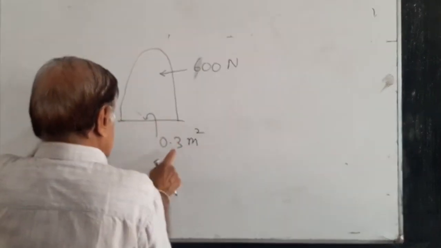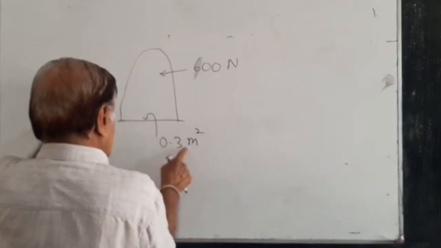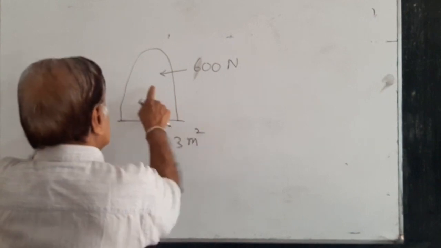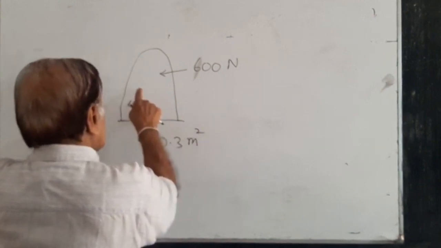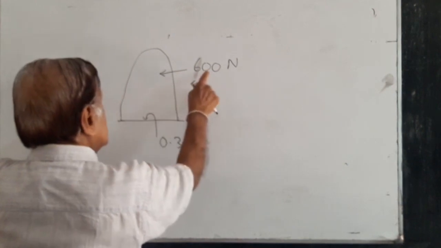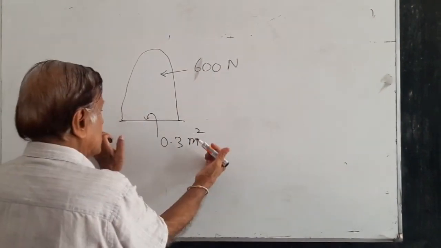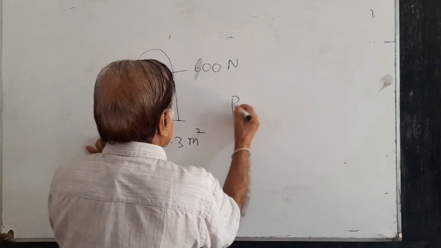If this area is 0.3 square meters and the weight of this heap of soil is 600 newtons, let us calculate the pressure.